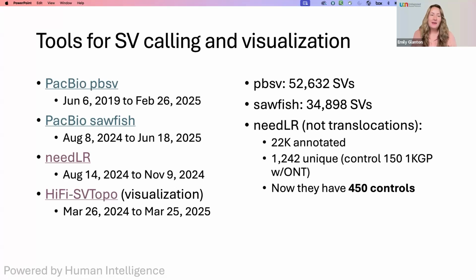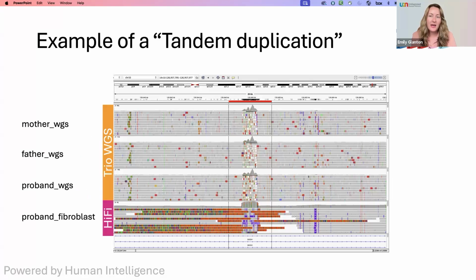And a question about the SV Topo. Was SV Topo better than IGV for visualization using the same sample of PacBio data? Yes. What IGV, which is this view, gives you is the reads and how they're mapped, and a view of how the reads pile up. It gives you some information of what is happening in this region.